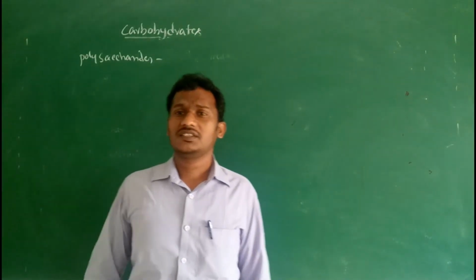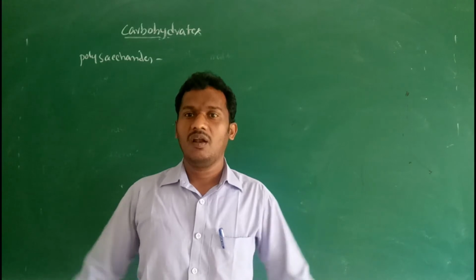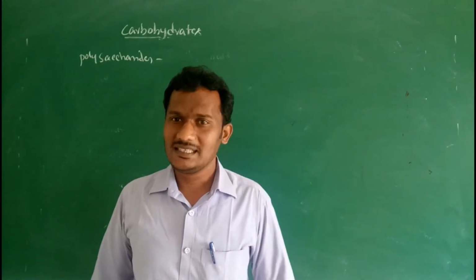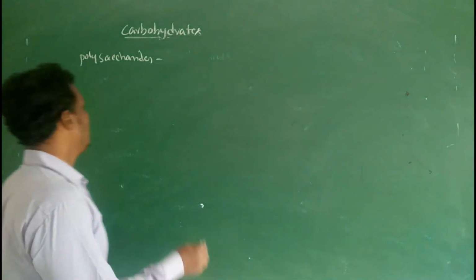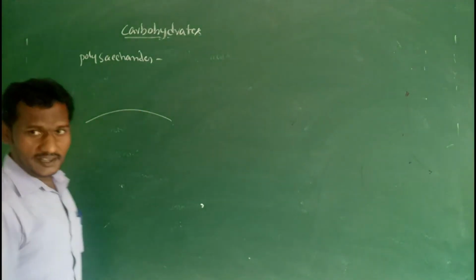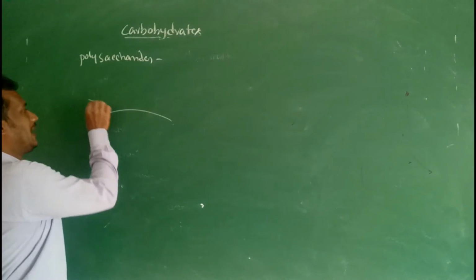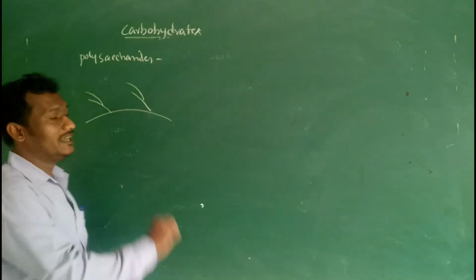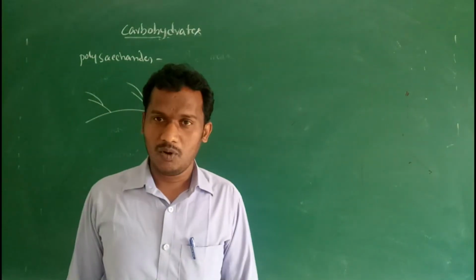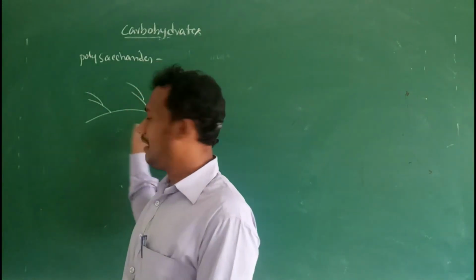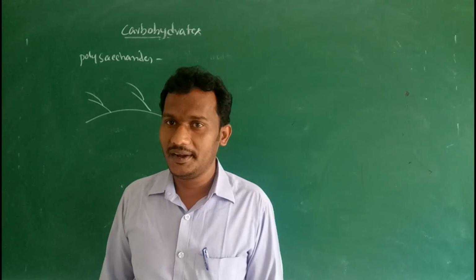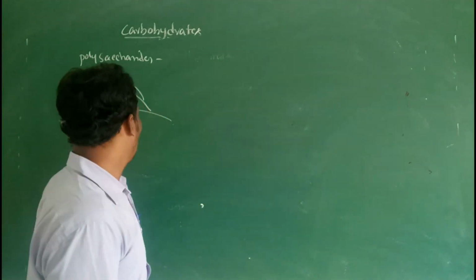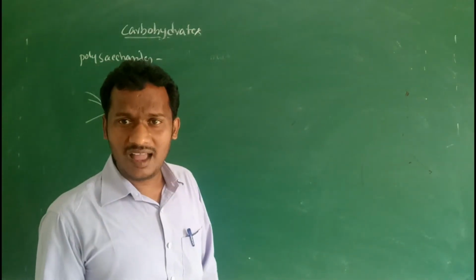By joining these monosaccharides, a long chain of polysaccharide is formed. This long chain can be in a linear condition or a branched condition. The polysaccharide chain has a left end and a right end.